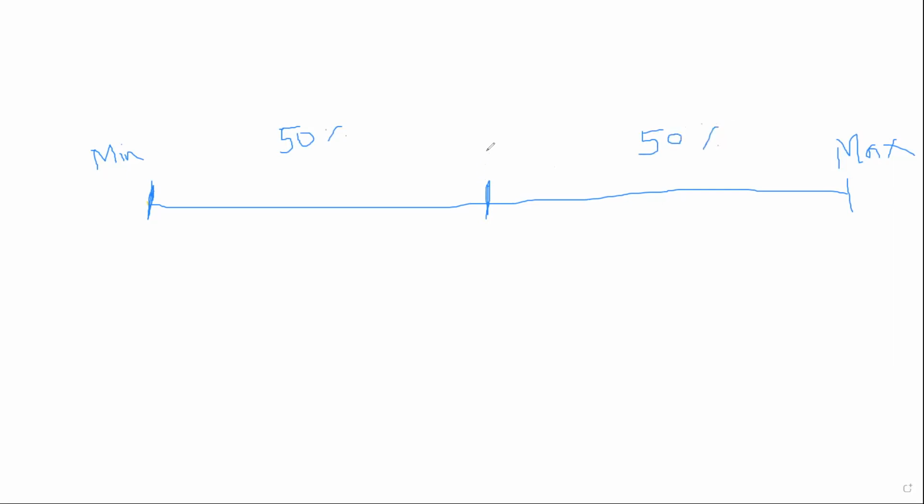Whatever the median is, let's say X value. So what is the range? This is max minus X. So this is the upper 50%. If I ask for the lower 50%, X minus min, which is the lower 50%.